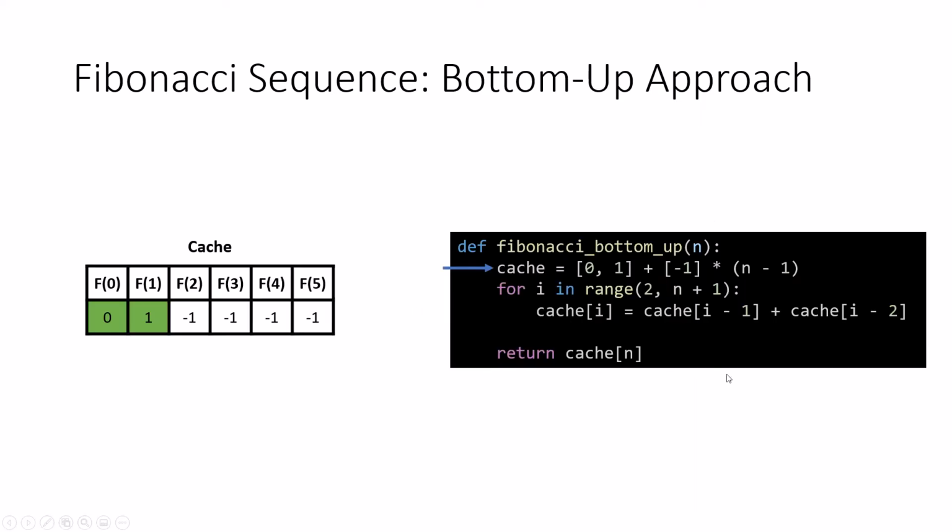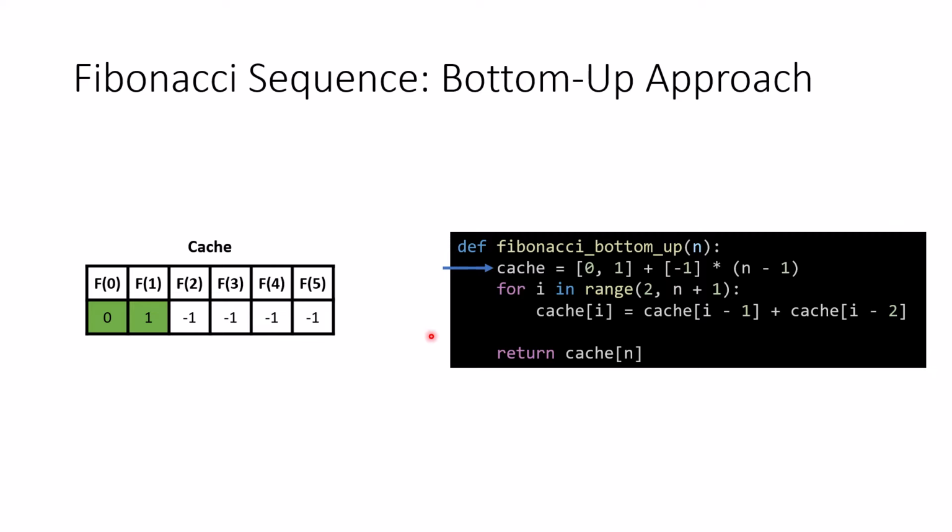Okay, so the bottom-up approach is similar to memoization in the sense that it also uses a cache, our table, and we're also going to initialize the base case part, so whatever I'm drawing in green here, 0 and 1.